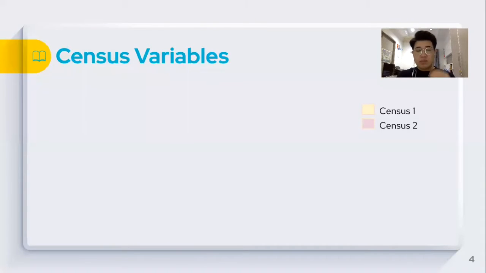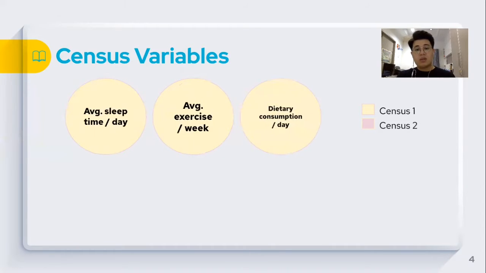These are the census variables. The first one is average sleep time per day. The next one is average exercise per week, or how many exercises they do weekly. Next is dietary consumption per day, or how many times that person eats per day.